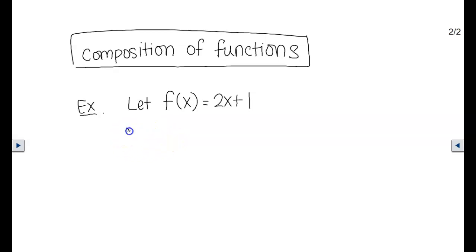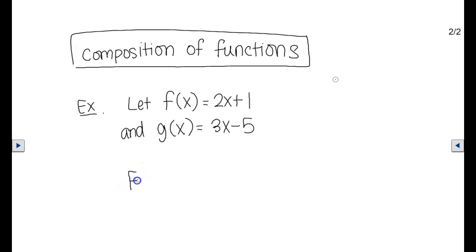And let's let g of x equal 3x minus 5. So I want you to notice that I'm starting out here with two functions. One of them is named f, and his rule is to do 2 times x plus 1. And one of them is named g, and his rule is to do 3 times whatever x is and subtract 5. So they're each telling us how they would find an output.